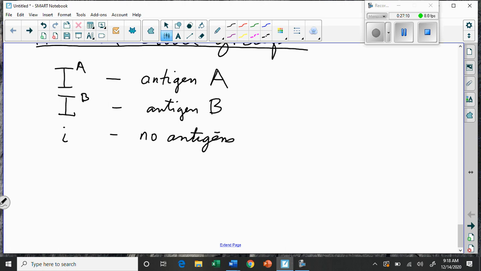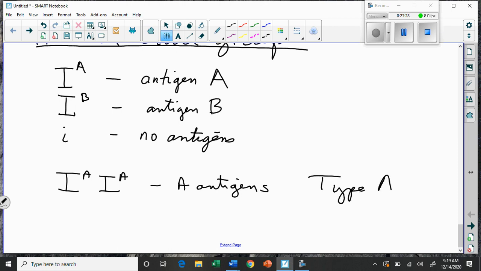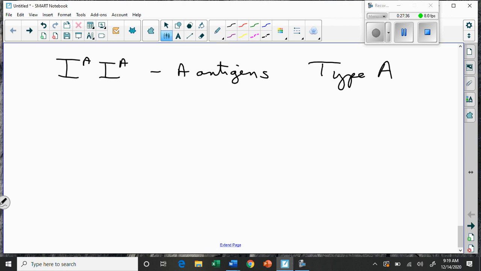So you get these interesting situations where if you have this genotype, where you have both of the A alleles, then you have A antigens, and we call that blood type A, right? Type A. But if you were to get one of the A and one of the B, that's a codominant situation. Actually, why don't we do both B's first?